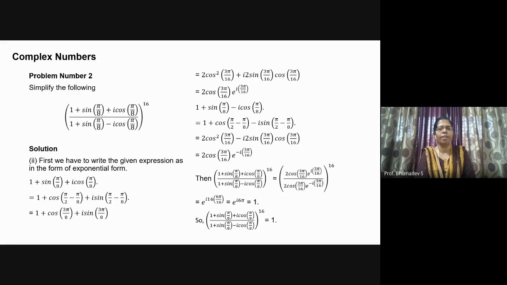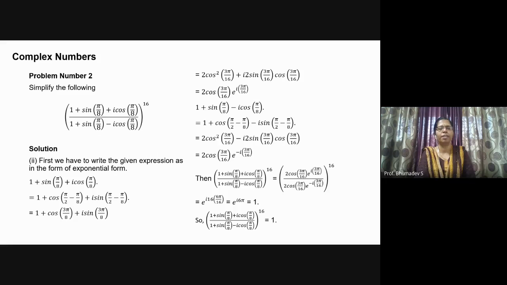In the same way, we have another complicated term for the second problem to simplify: (1 plus sine pi by 8 plus i cos pi by 8) upon (1 plus sine pi by 8 minus i cos pi by 8), the whole power 16. First we simplify the numerator, 1 plus sine pi by 8 plus i cos pi by 8.